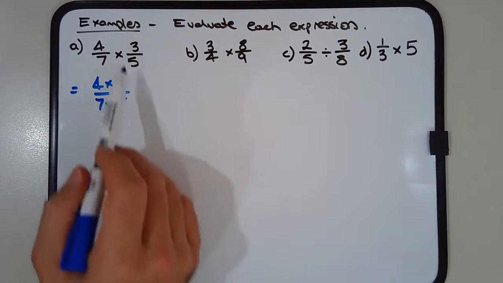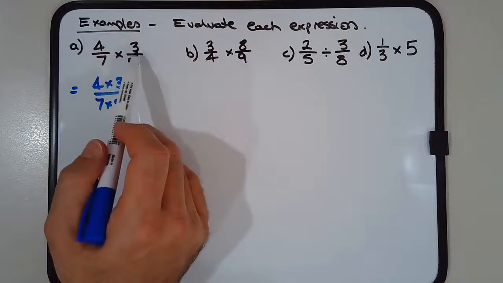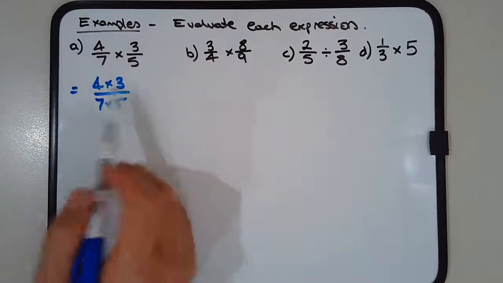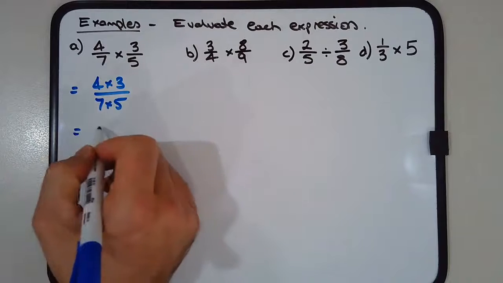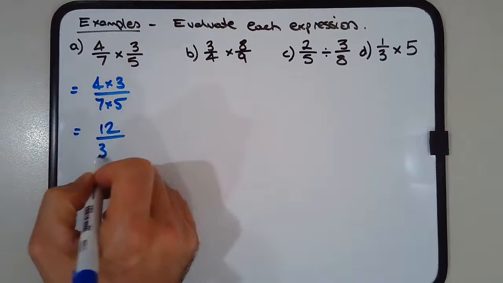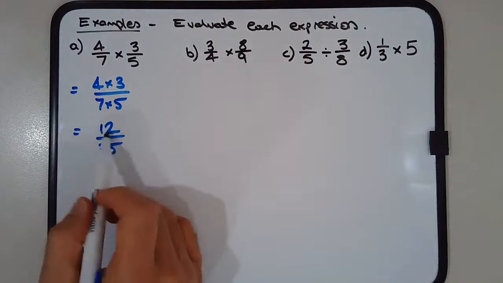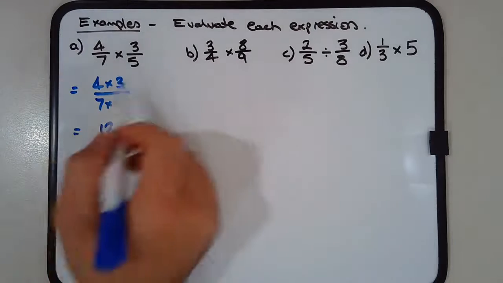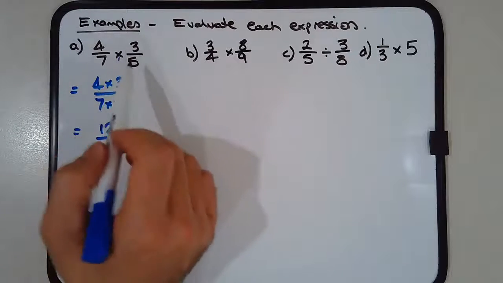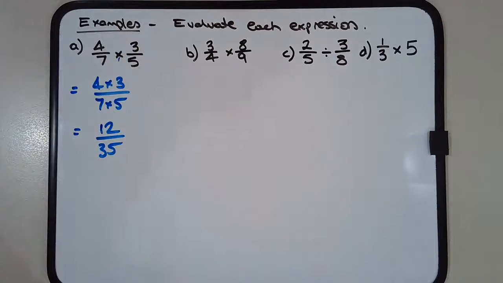So it's quite interesting with multiplication. Two fractions can be combined together to form a single fraction. It's a very neat property of multiplication involving fractions. So 12 over 35 is the equivalent fraction to 4 on 7 times 3 on 5, or the expression evaluates to 12 on 35.